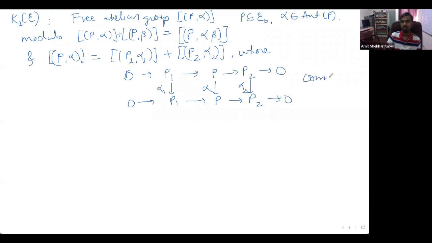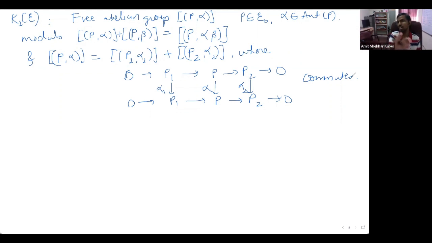It commutes. So it's like this alpha is the extension of the automorphism alpha 2 by alpha 1. Yeah, so whenever this happens, then you identify it.